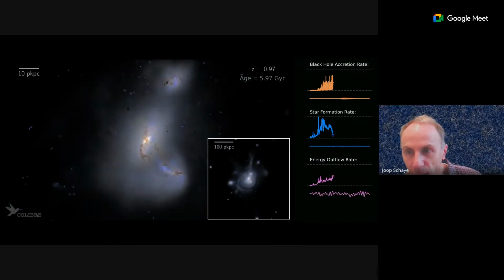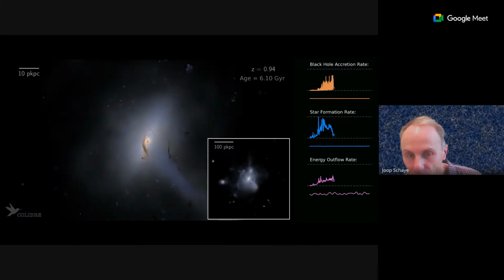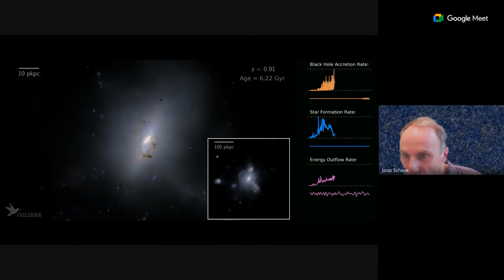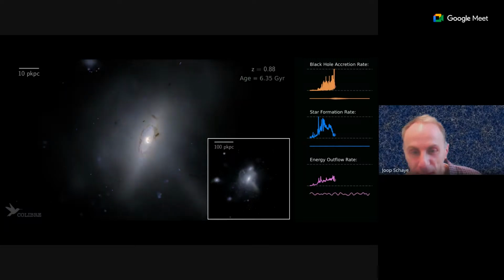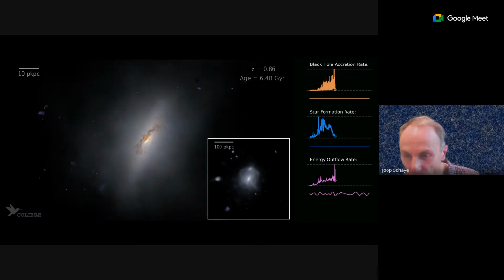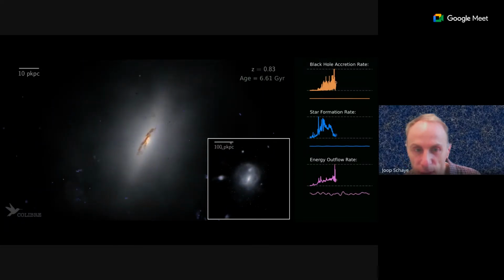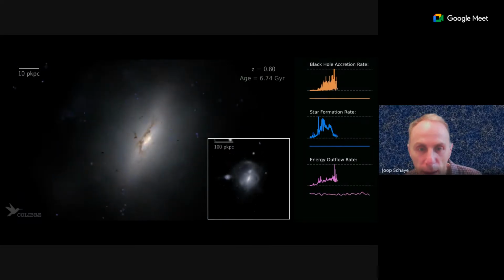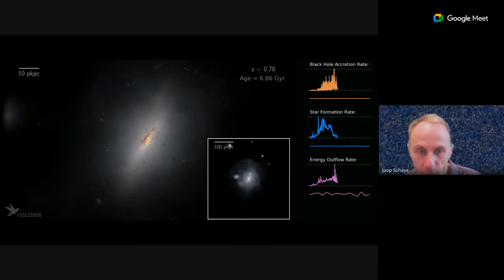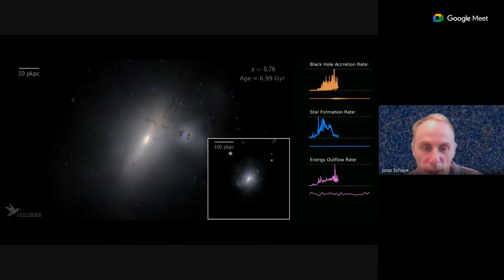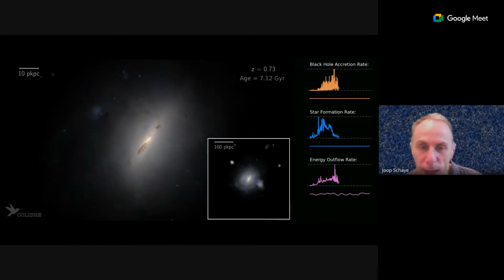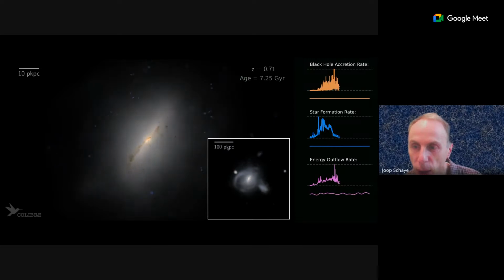The black hole is now getting very active. Here, a very big storm. A few big bursts of energy injected by the black hole blow so much material out of the galaxy that it now is going to go into a quiescent phase and form stars at a quite steady rate.